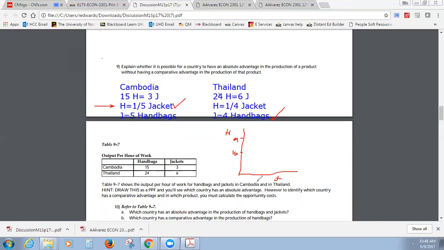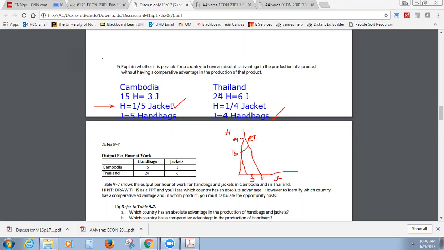For jackets, 3 and 6. So if I say 15 to 3 here, this is Cambodia, this is Thailand. Obviously, Thailand has an absolute advantage. Let me put a T here.